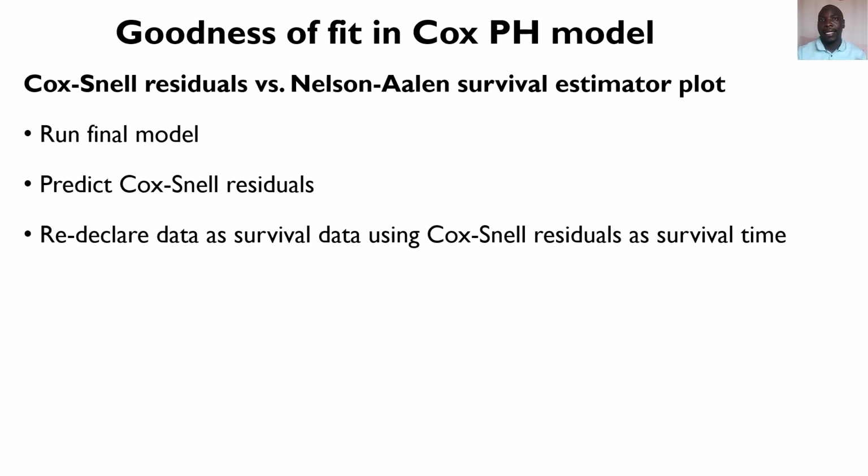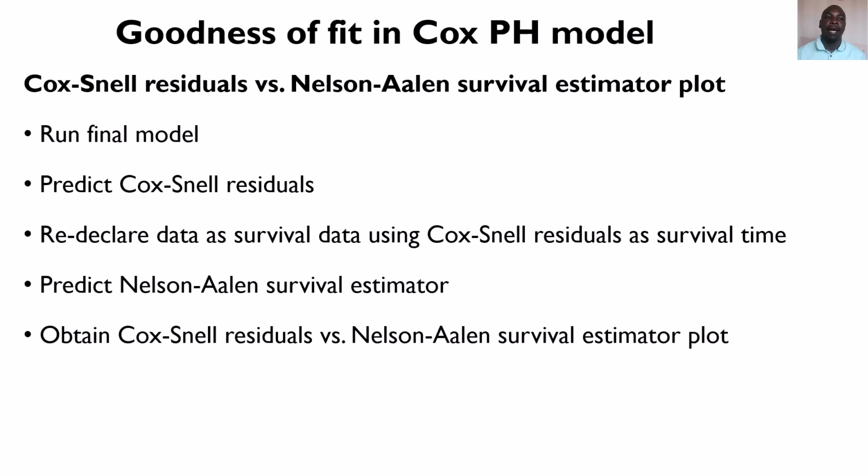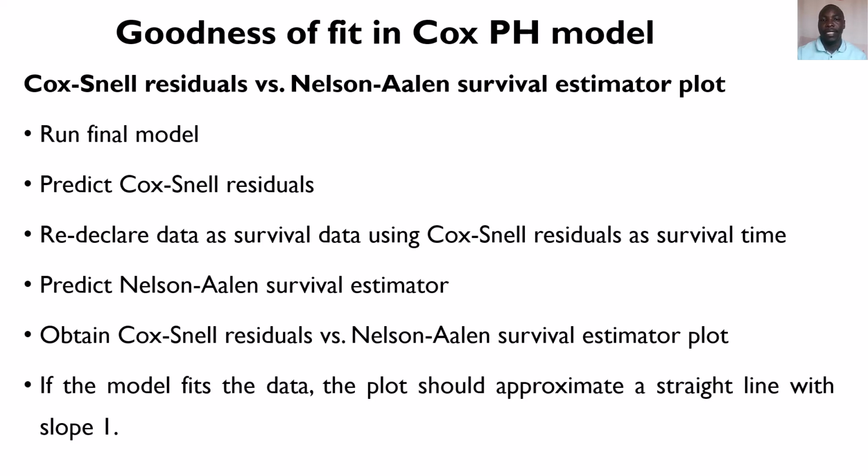After that declaration, we shall predict the Nelson-Aalen survival estimator. Then we shall obtain our plot of Cox-Snell residuals versus the Nelson-Aalen survival estimator. If the model fits the data, the plot should approximately give us a straight line with a slope of 1. This is very simple. Let us see how it is done in Stata.